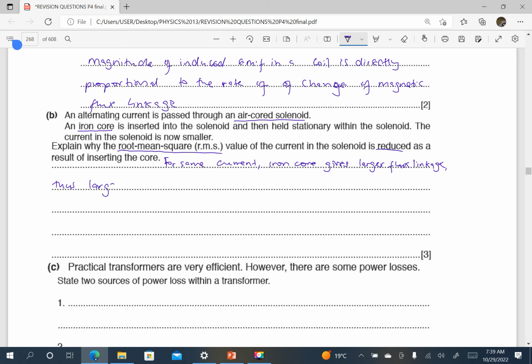Thus, larger rates of change of flux linkage. So remember, iron increases the flux linkage, so the iron core will give larger rates of change of flux linkage. That means there will be an EMF induced in the solenoid.